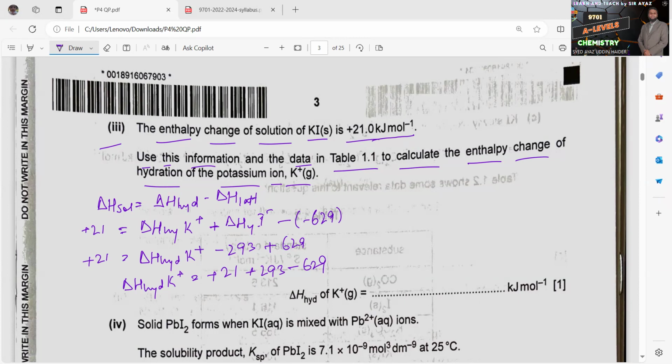So 21 plus 293 minus 629, minus 315 kilojoule per mole. This must be the final answer.